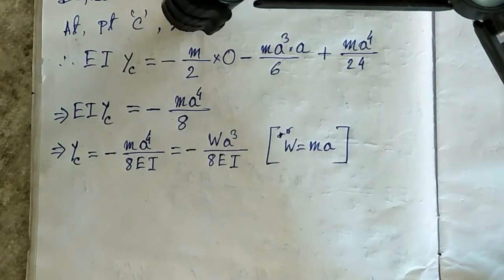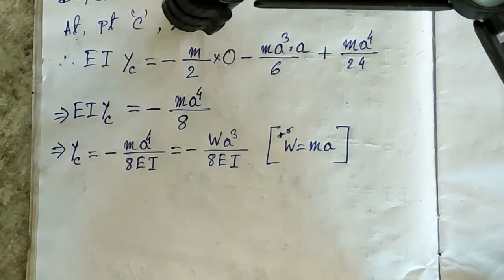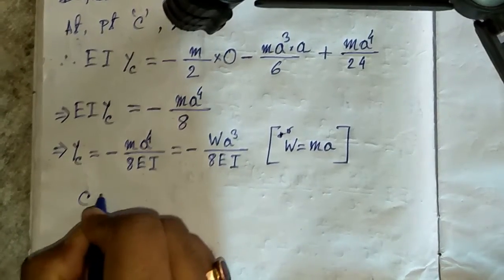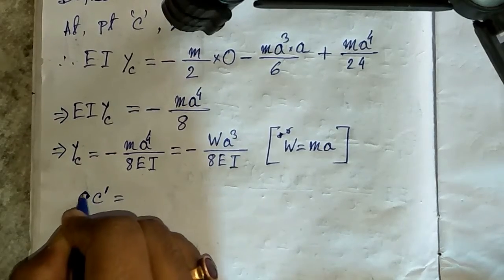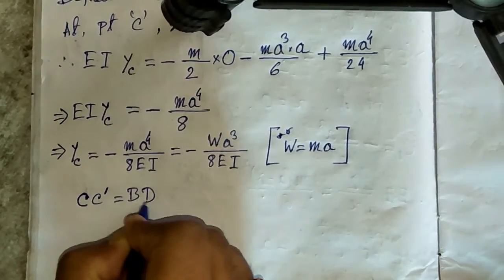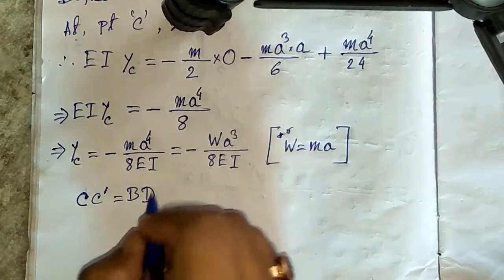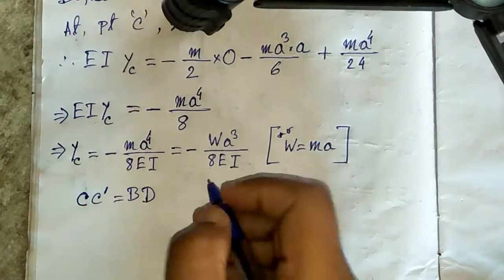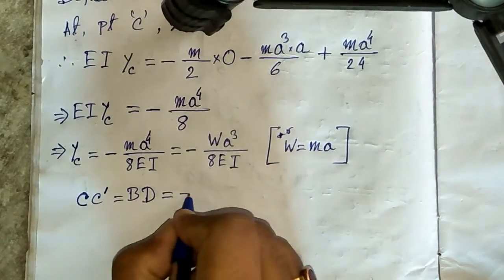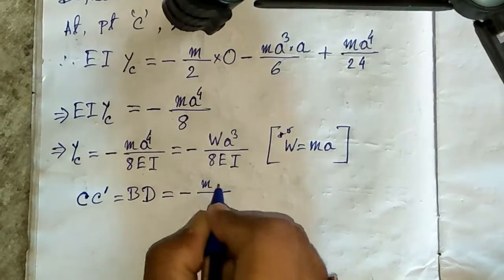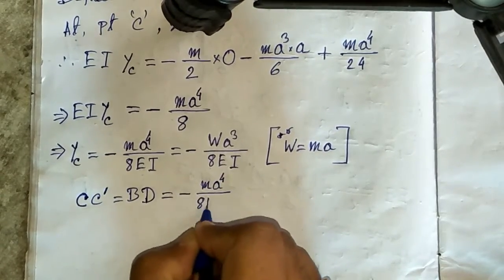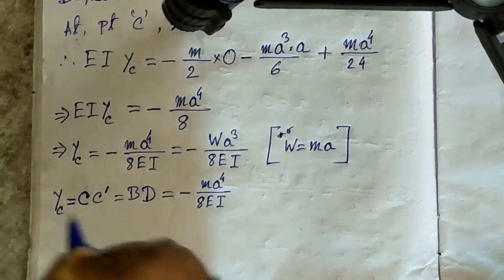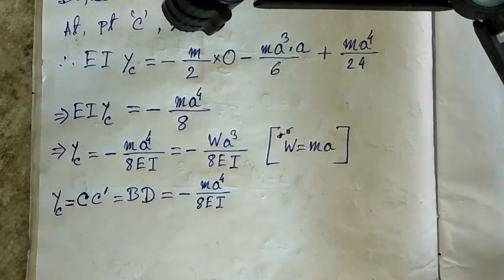From the geometry of the figure, we know that the length CC dash is equal to the length BD, and this deflection is m a to the power 4 by 8 EI, which equals Yc, the deflection at point C.